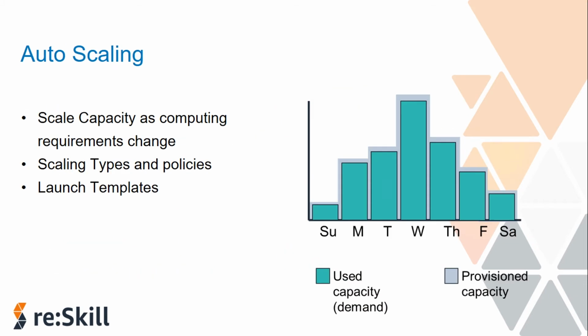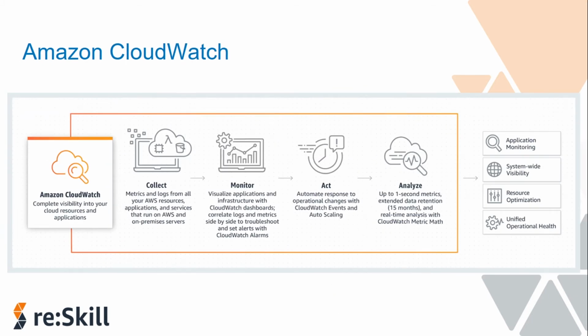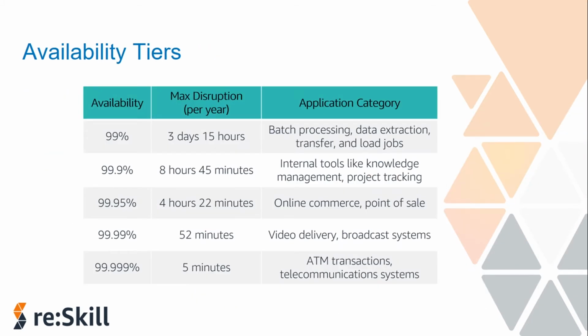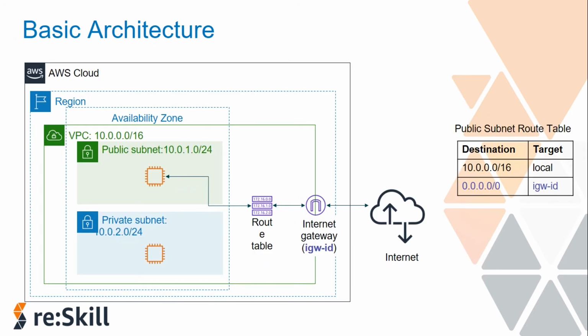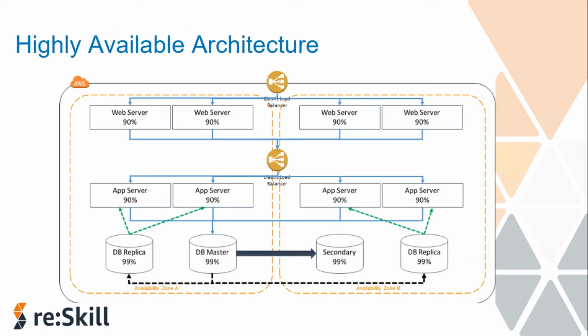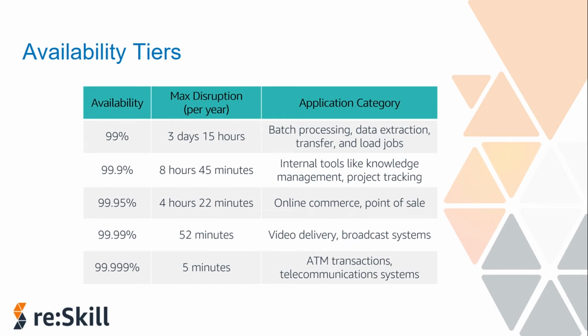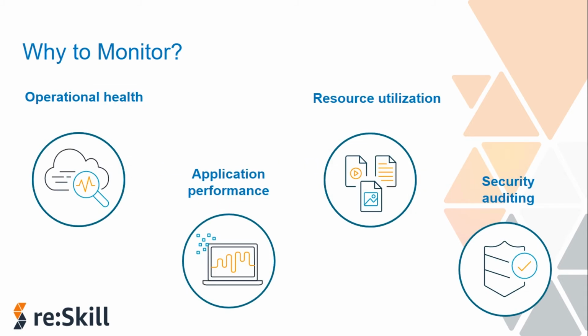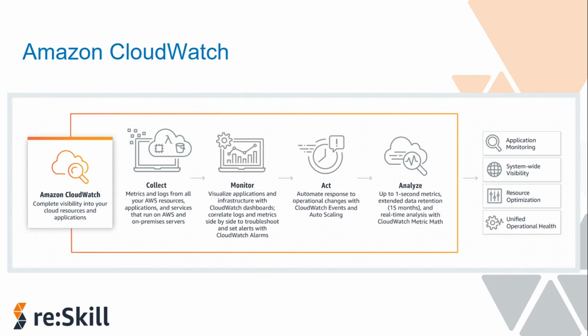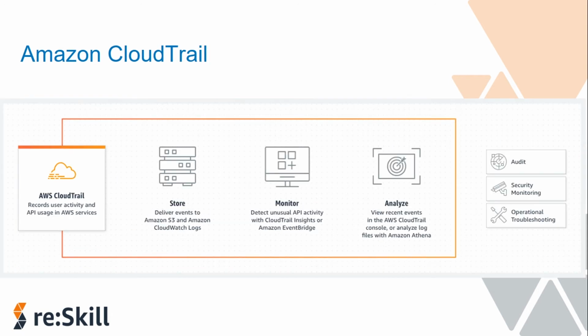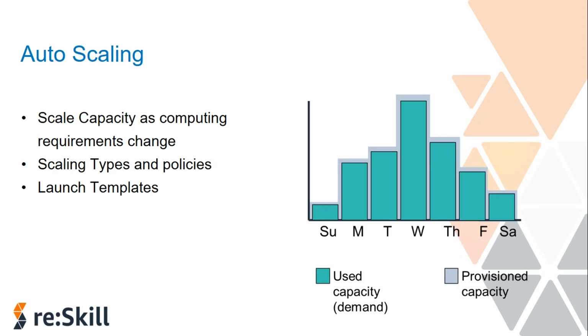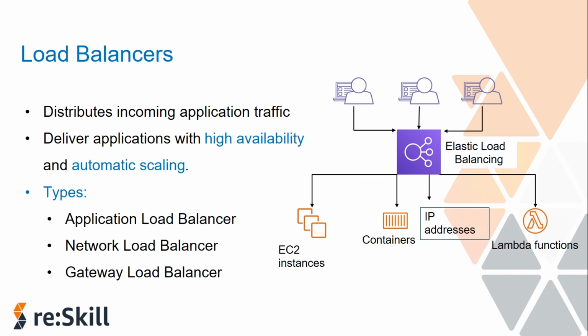So these were some of the resources that we need to maintain high availability in our architecture. Quick overview: we discussed highly available architectures, how we measure high availability, and the importance of monitoring. We discussed how to monitor and how to do security auditing to know who is doing what, how to perform auto scaling in AWS, specifically on EC2 instances, and then load balancing.